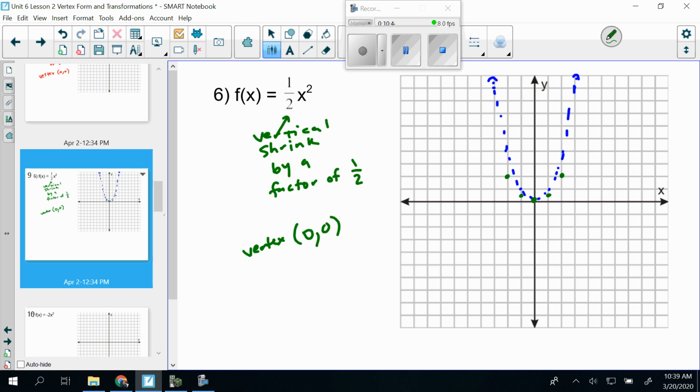So our y value at 2 and -2 would be 2. At 3, before our value was 9, because 3 squared is 9, now it's going to be half of that. So it's only going to be at 4 and a half here, and so on. So this one's going to look more like this. It's going to be a wider graph than the one we had before, because everything vertically is only half of what it was before.